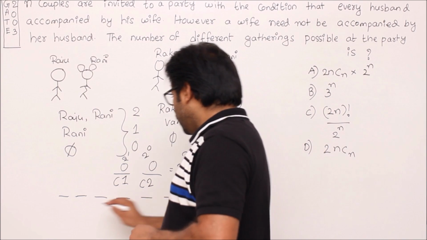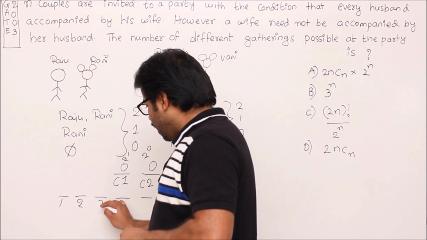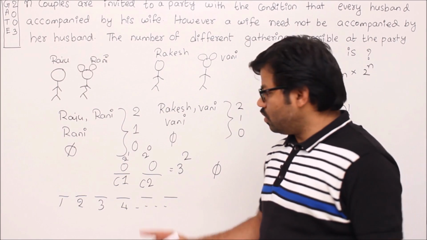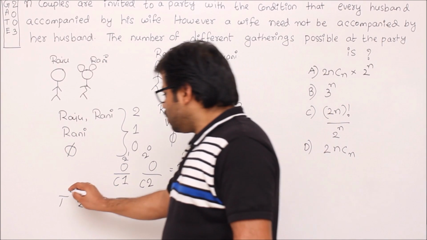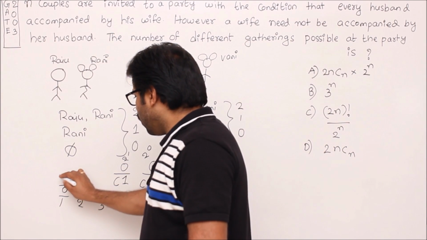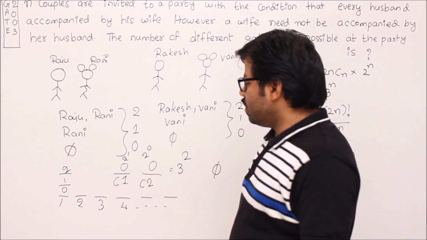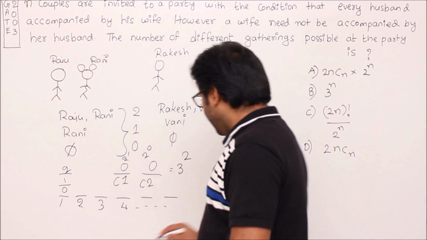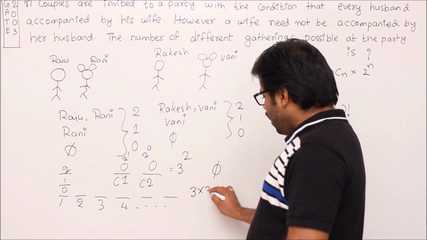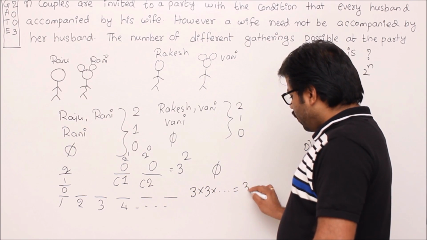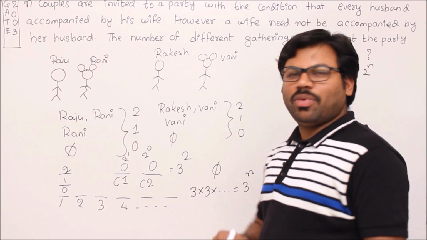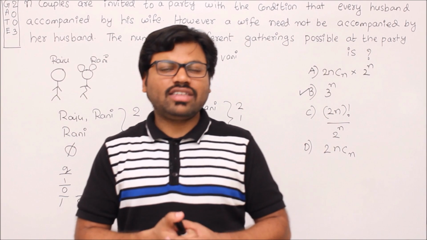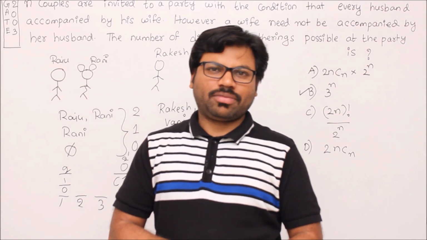Each position represents a particular couple, and there are n couples, so n positions, and each position can be filled by 0 or 1 or 2, the possibilities already discussed. Then each position can be filled in three ways, and there are n such positions, so the total number of gatherings possible equals 3 to the power of n. So the answer is B. In that way we can easily answer questions related to the product rule.